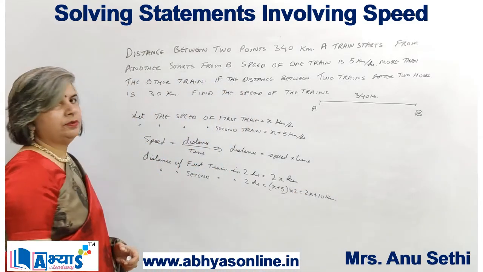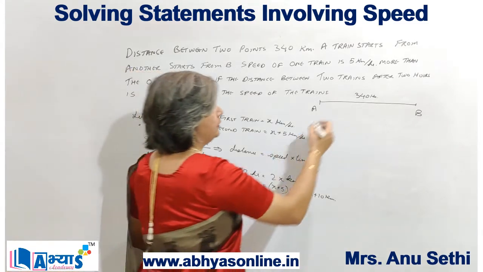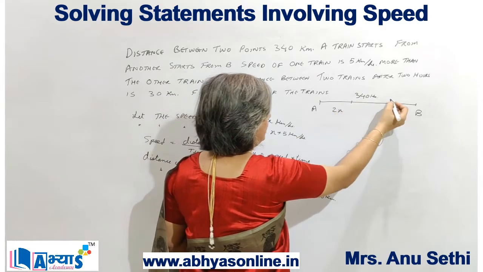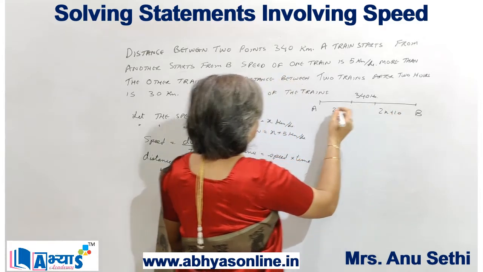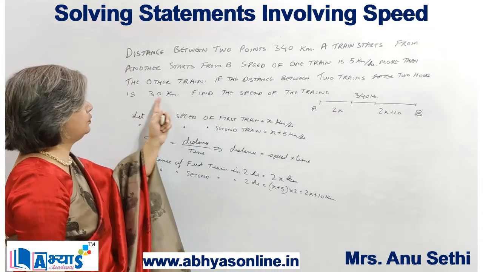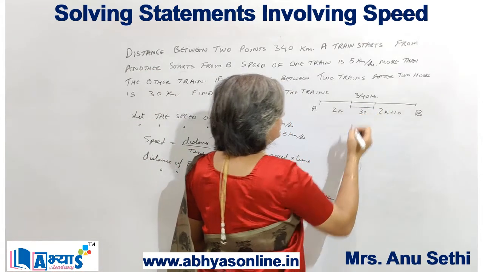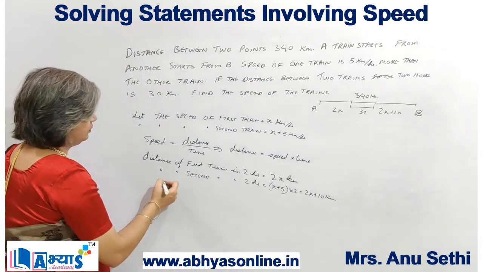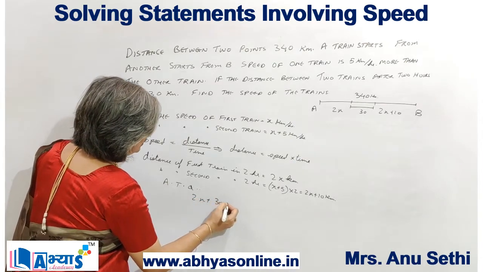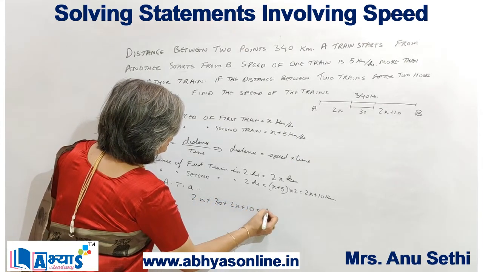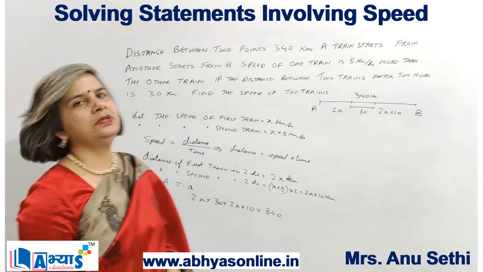And we know that one has started from A, the other has started from B. Let us suppose the first train has covered the distance of 2x and this has covered the distance of 2x plus 10. After 2 hours, the distance between the two trains is 30 kilometers. So according to the question, 2x plus 30 plus 2x plus 10 will be equal to 340, because the total distance between A and B is 340.